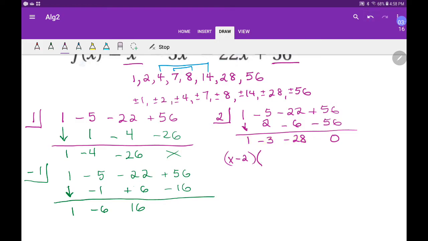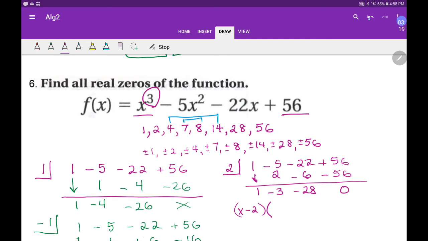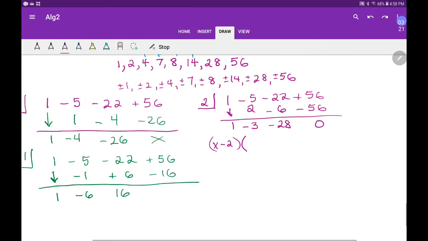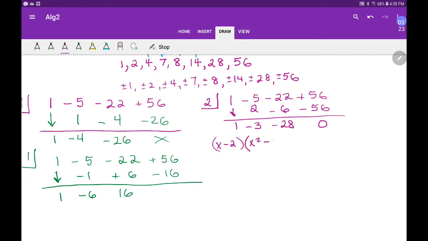I started with x to the third, so now I'm down to x squared minus 3x minus 28. And I think to myself, factors of 28 that add up to 3. Well, they actually subtract because they're different signs. Factors of 28.